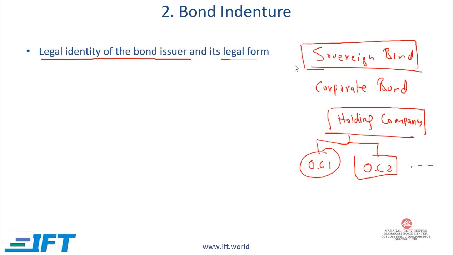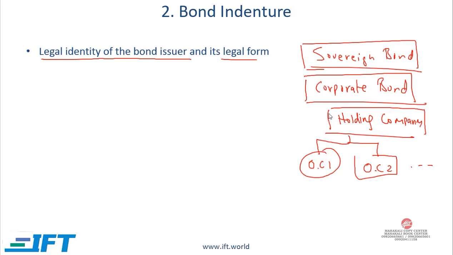This is something that we will discuss in more detail later, but clearly you as an investor need to know who is issuing the bond. We have a large category of bonds called corporate bonds. Here again, you need to evaluate the legal entity that is issuing the bond.